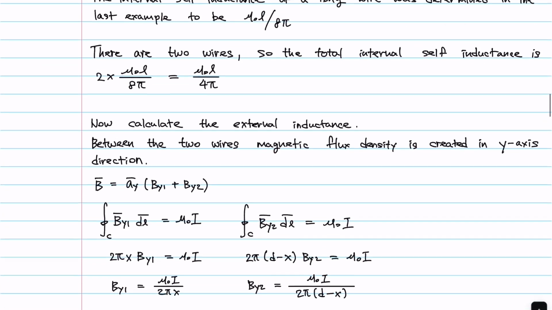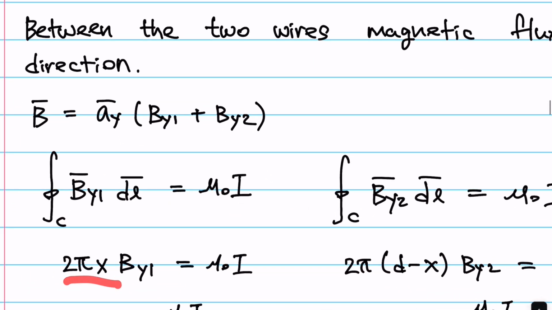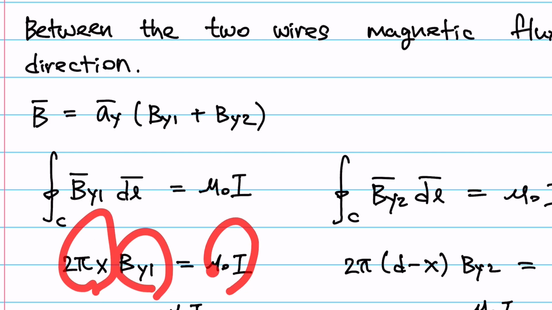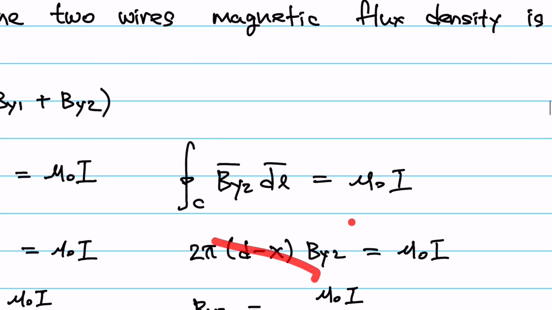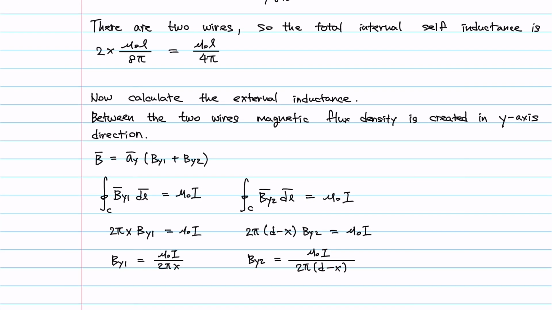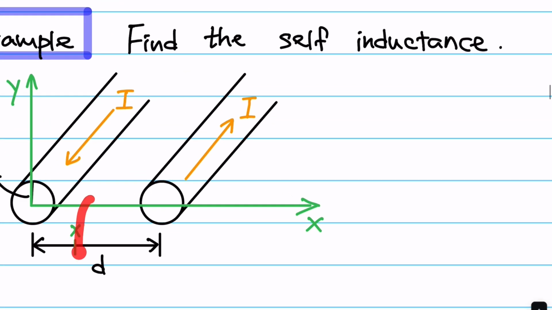So you can now see that there is 2 pi x, that's the contour of the x-axis radius, right, times the B equaling this current. And in the second case, instead of x, we have d minus x. Okay, that's the radius of this contour, and this is the radius of the first contour.